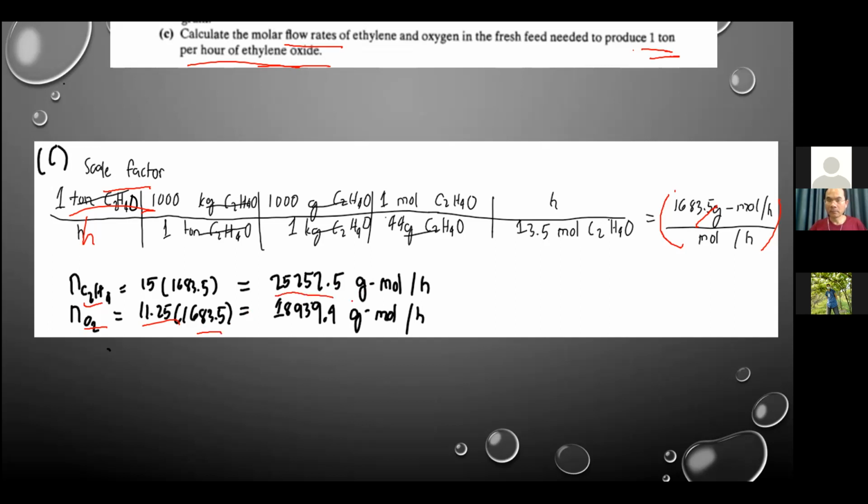So we come up with these results. It means that to produce 1 ton per hour of ethylene oxide, we need 25,252.5 grams per mole per hour of ethylene and 18,939.4 grams per mole per hour of oxygen gas.